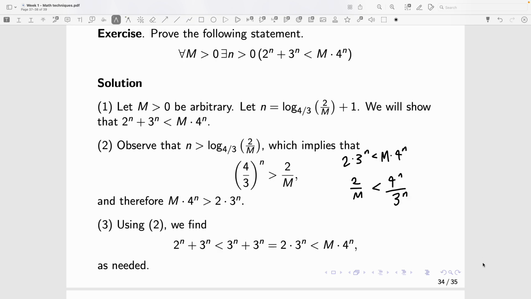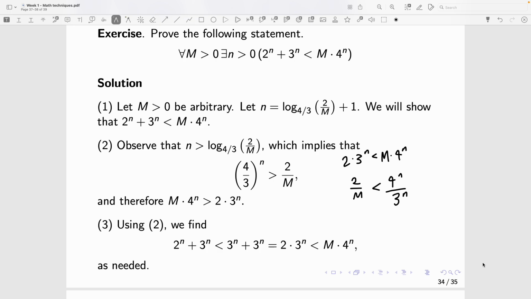And then the rules to do with exponents that you learned in high school apply. 4 to the n divided by 3 to the n is equal to 4 divided by 3, and that whole thing to the power of n.